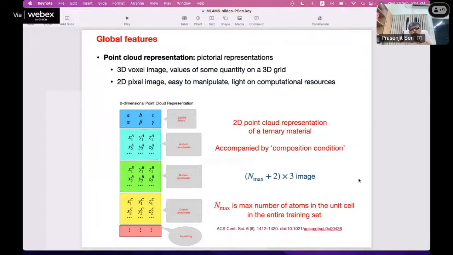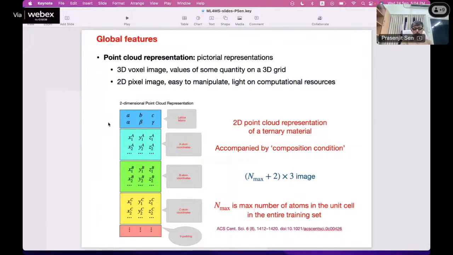The first one, to my knowledge, was the first one that was used. All the examples I will show are for ternary materials. One can go beyond ternary materials, but I'm not aware of any published work going beyond ternary materials. And you already have a lot of interesting chemistry within the ternary phase space.